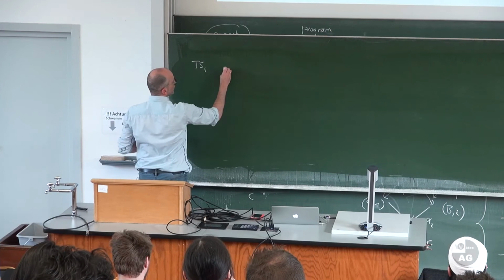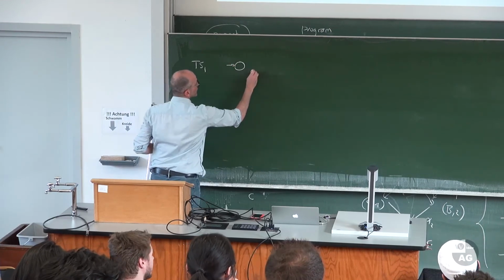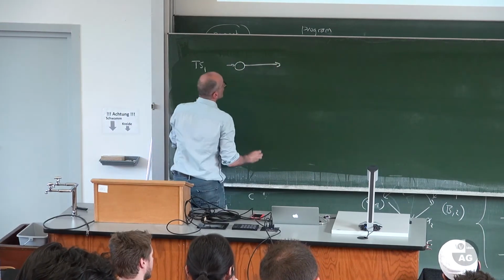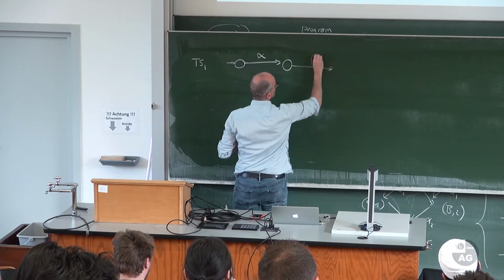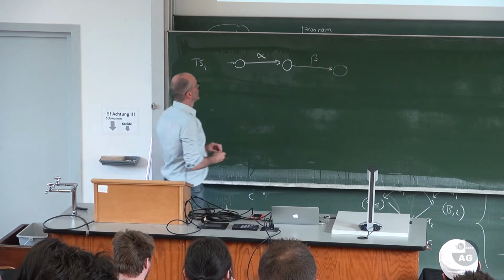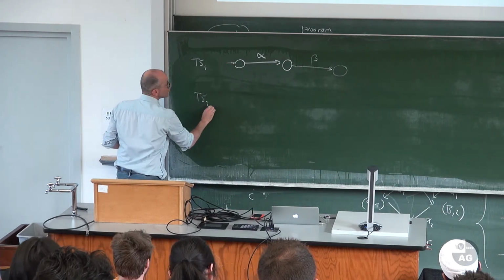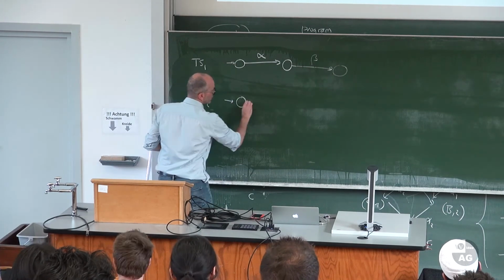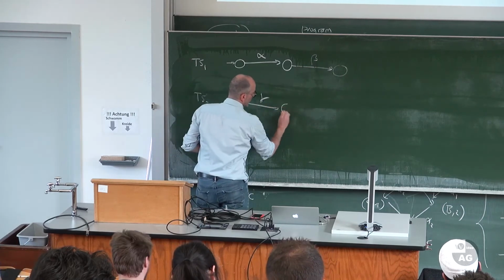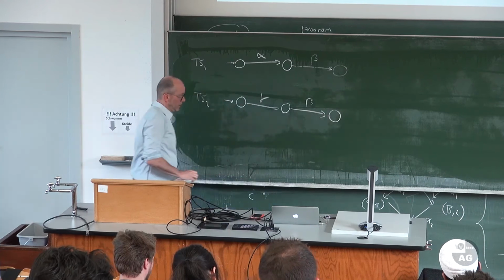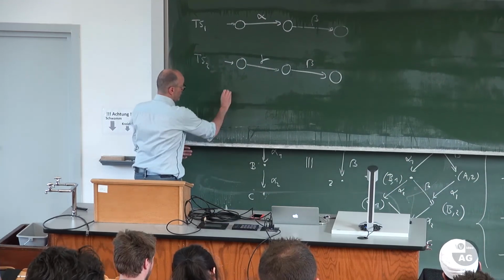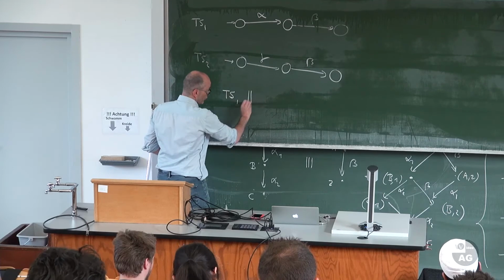Transition system 1 has some initial state, then it can do an alpha, then it can move to this state, and then it can do a beta. Now I give you TS2. TS2 can maybe do something like a gamma, then go to this state, and then do a beta.